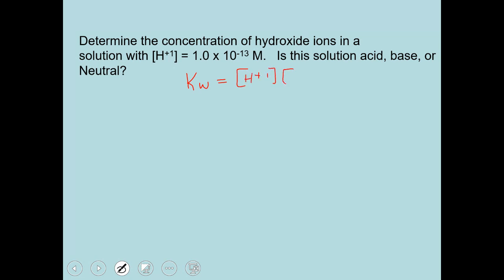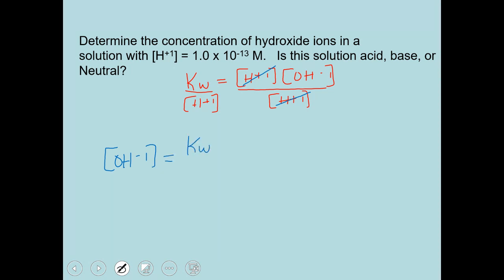And we would have to solve this equation for the hydroxide concentration by dividing both sides by the hydrogen ion concentration. And you can see that over here it cancels.